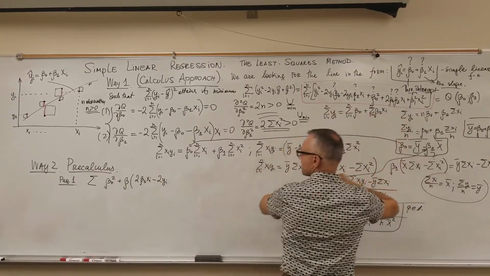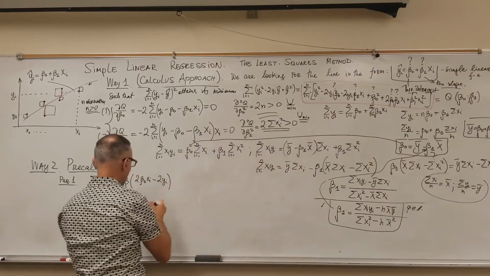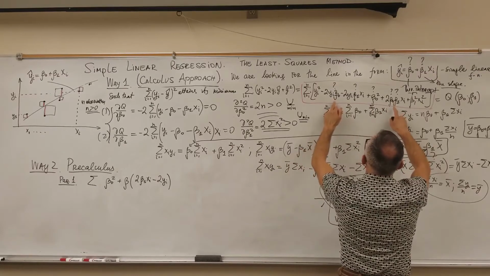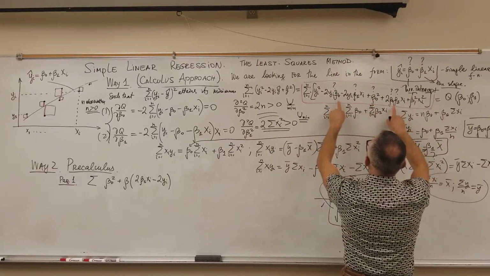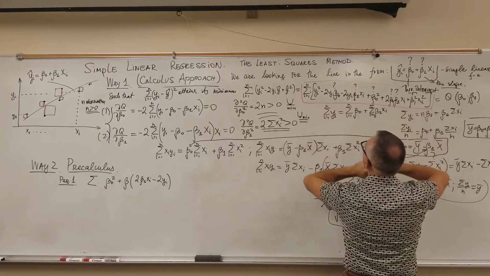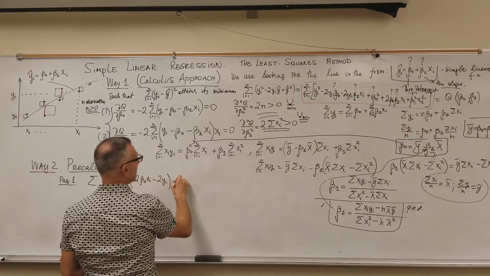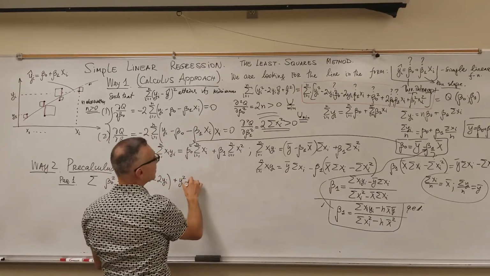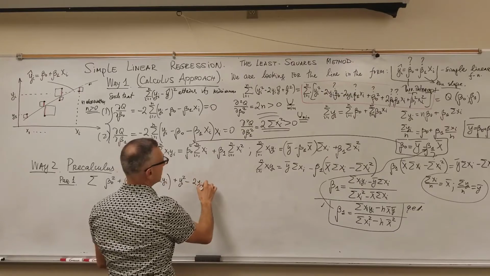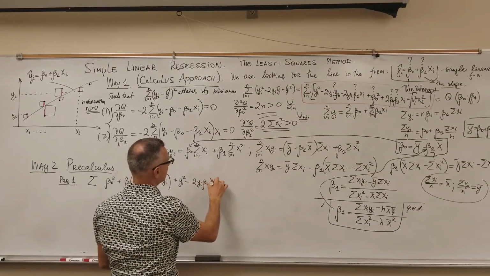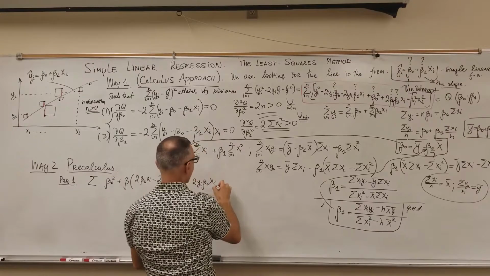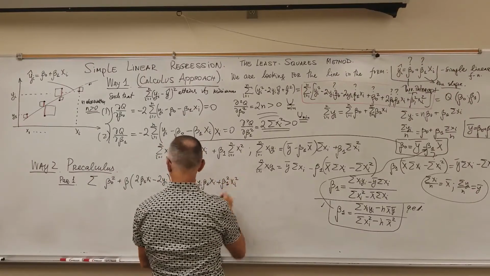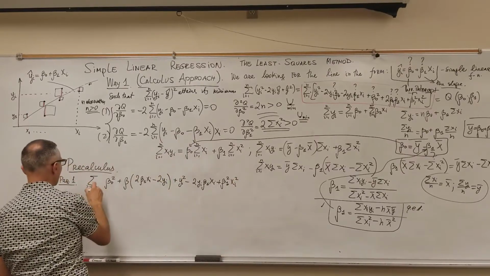So that is my two terms with beta 0, second power and first power, and the rest has no beta 0 term, which is yi squared minus 2 yi beta 1 xi plus beta 1 squared xi squared. I runs from 1 to m.